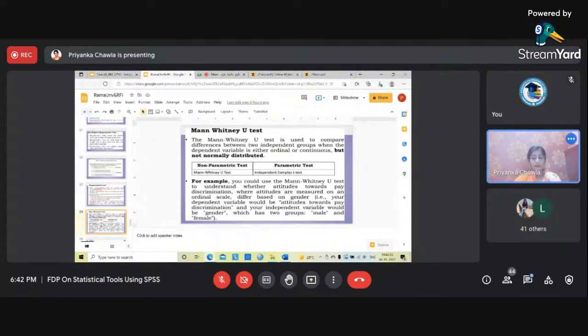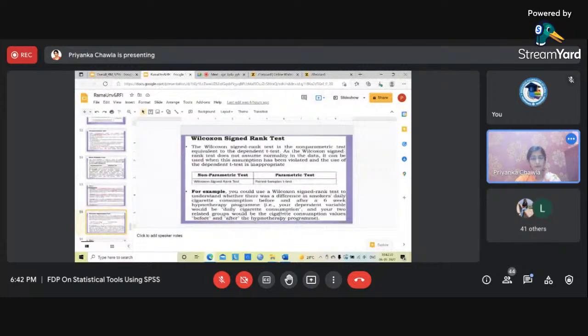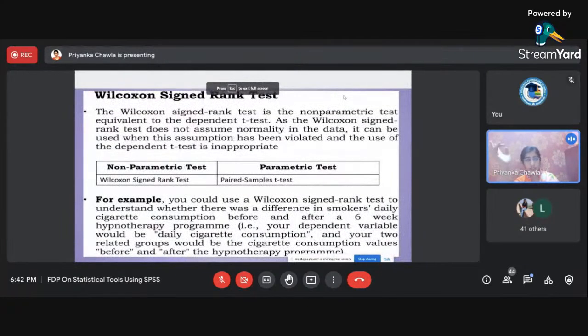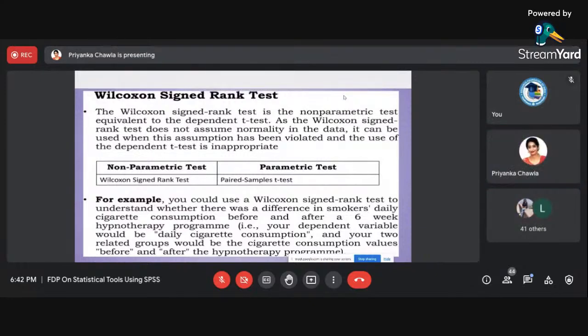Pair t-test means before and after, pre-test and post-test. Right? So equivalent to pair t-test, we will be having Wilcoxon signed rank test. Clear? It is a non-parametric test, which is equivalent to pair t-test.